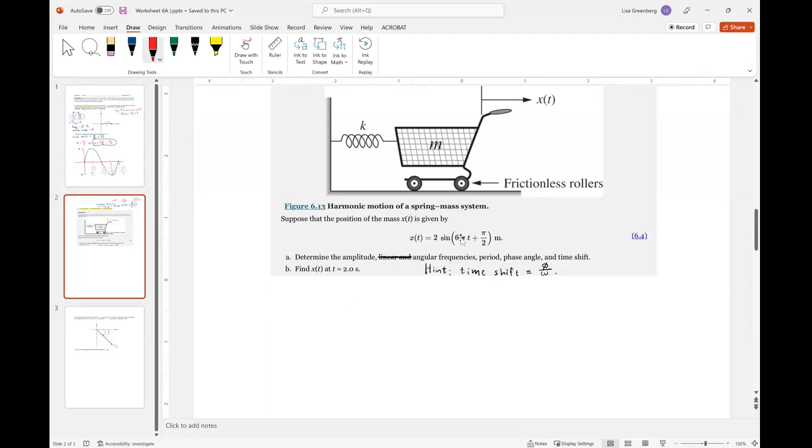So suppose that this is our equation. Determine the amplitude, angular frequency, period, phase angle, and time shift. Okay. And we have our hint there. So A, our amplitude here, is 2.